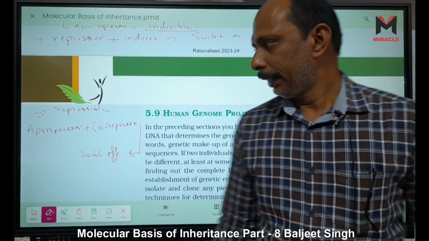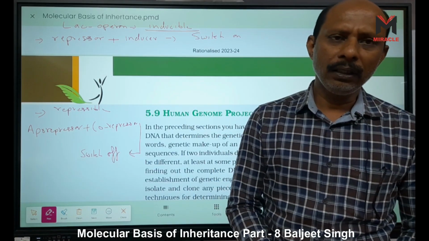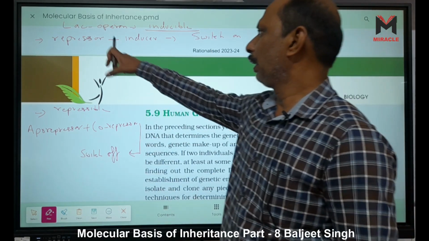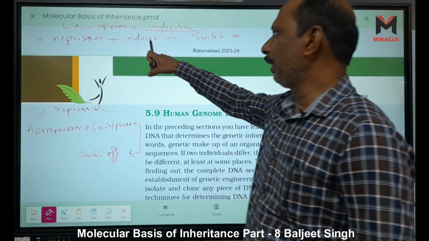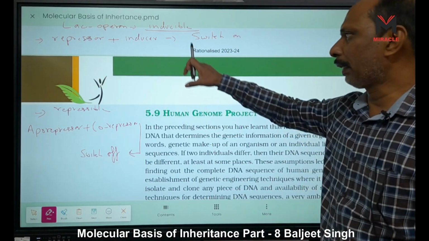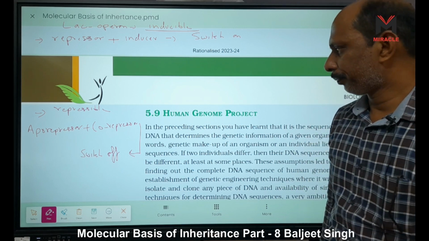In the lac operon, repressor plus inducer forms an inactive inducer-repressor complex, right?